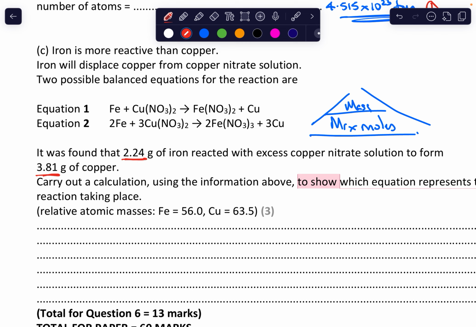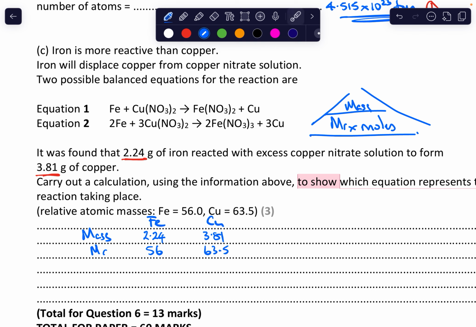So what I'm going to do here is use the Mr. Moles triangle, and we're going to do an empirical formula style calculation. So the mass of iron is 2.24 and the mass of copper is 3.81. And then I'm going to write down the Mr. So iron is 56 and copper is 63.5.